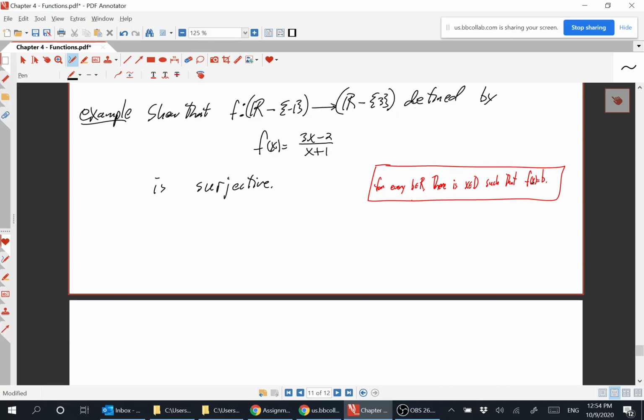For every range element, there is a domain element such that f of x maps to that range element. How do you prove something of that sort? What do I have to pick to start out with?